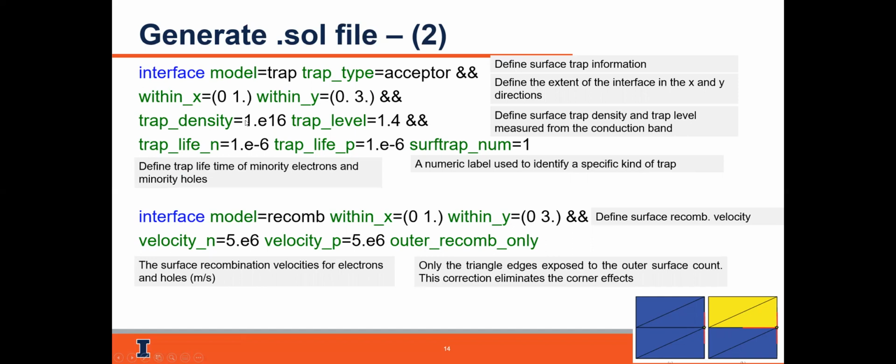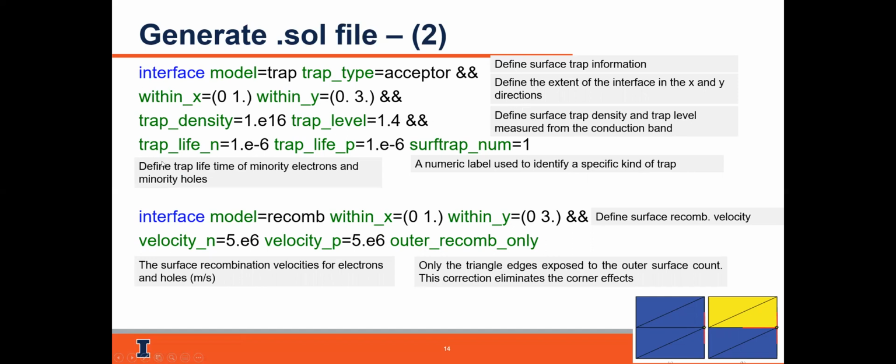And we provide the surface trap density, the trap level referenced to the top of the conduction band, or the bottom of the conduction band.